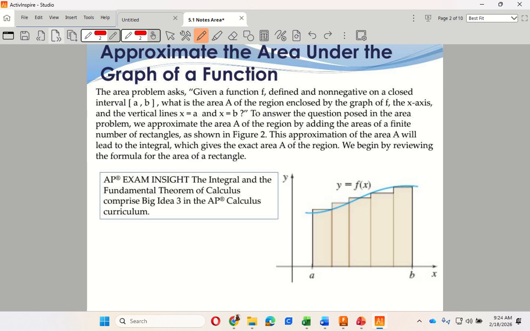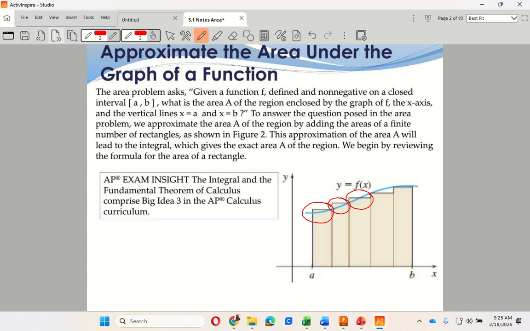Now, for this one right here, look very closely. Over and under is what I'm going to be asking. This first rectangle, is that an overestimation or an underestimation? Over. It's over. What about that one? Over. Could be over, could be under, right? Why?